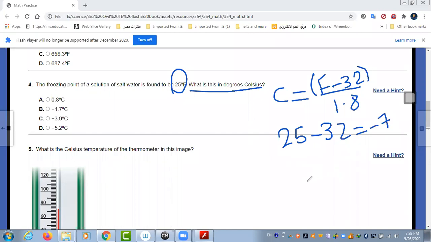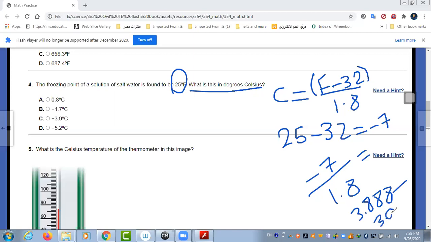Then minus 7 divided by 1.8. The answer will be 3.888 and so on, so if we round, it will be 3.9.